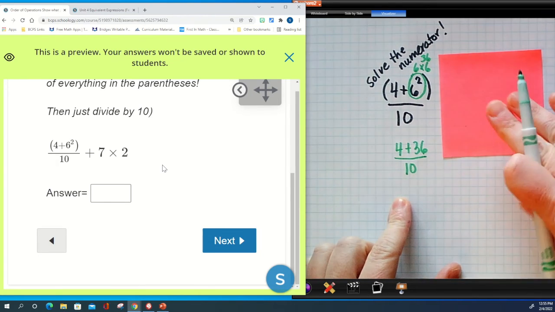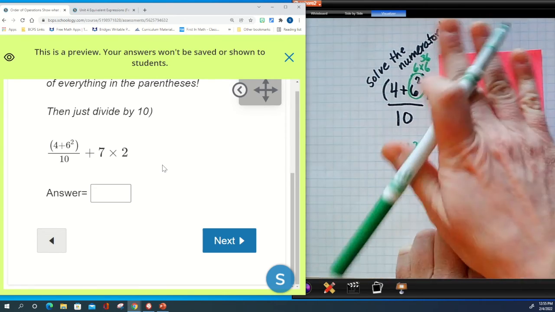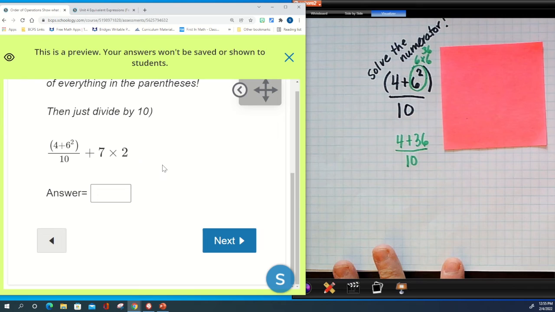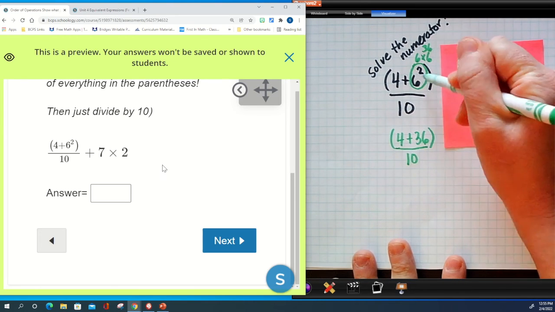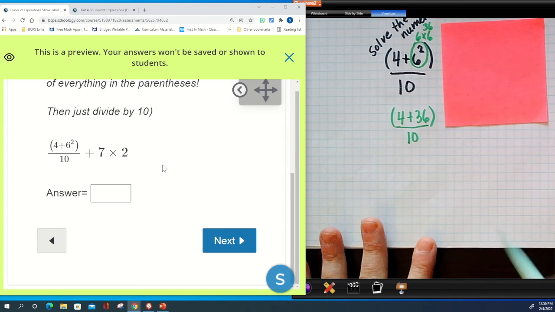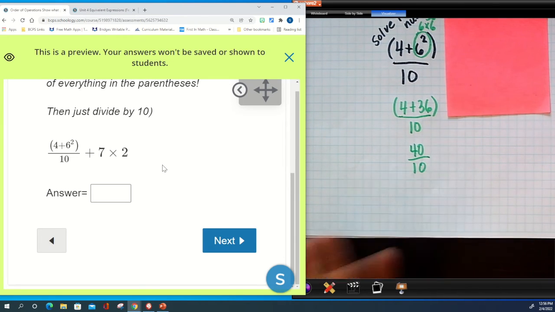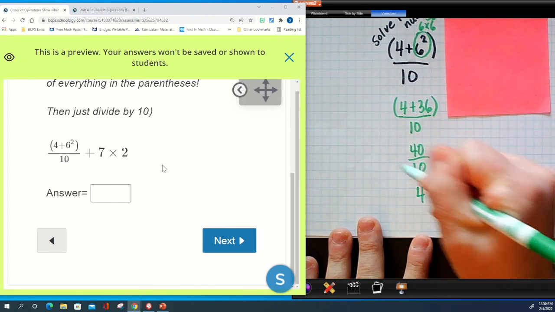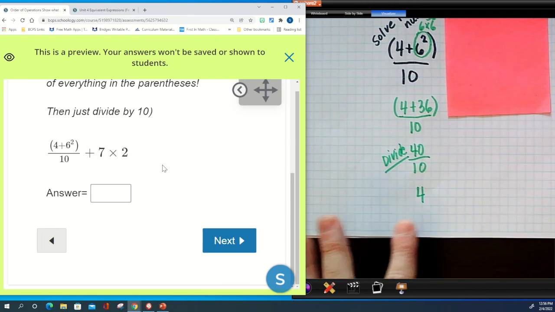Okay, I still don't even care about anything on this side. I'm going to keep a Post-it note over here because I don't really care about that. All right, I got to keep going because I still haven't finished what's in the parentheses. 4 plus 36, that's 40, divided by 10. Oh, I know what 40 divided by 10 is. It's 4. So all I have to do is divide, and I get 4.